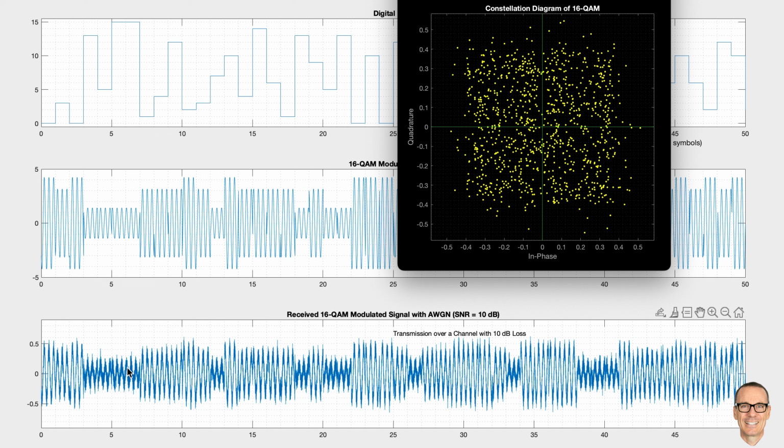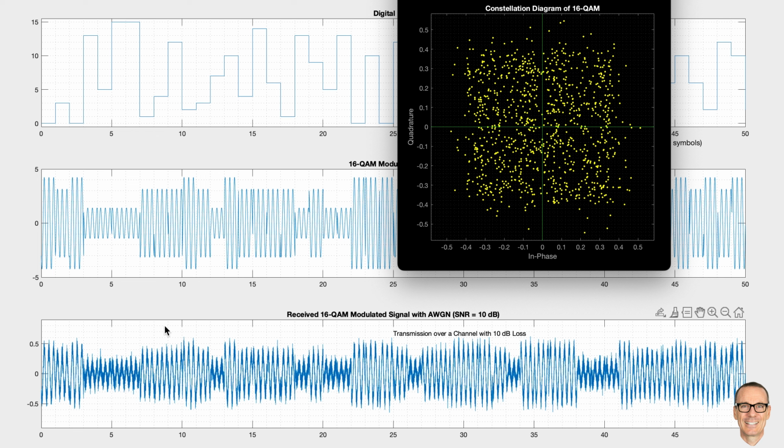Even though visually we might think that this still looks like nice sinusoids, when it comes to the output of the demodulator, there is a large spreading out in those constellation points. And there are going to be lots of errors at 10 dB for QAM. So if you remember for BPSK, we were able to go down close to 1 dB, but for QAM, it's going to be very challenging even at 10 dB.